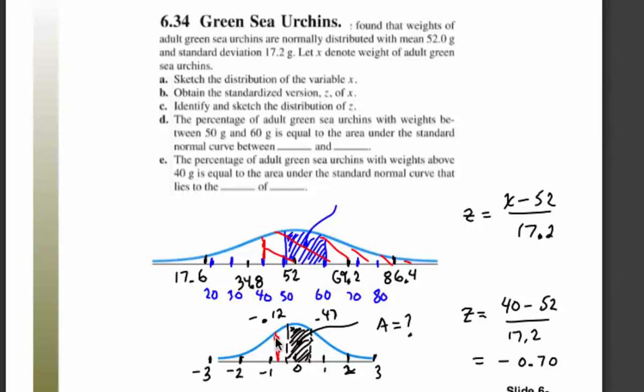So what are we going to look for on the standard normal curve to get this area and therefore the percentage of sea urchins greater than 40? What are we going to look for? The area to the right. So we want the area on the standard normal curve that lies to the right of negative 0.7, which is the z-score for 40. You see? Is this better now?